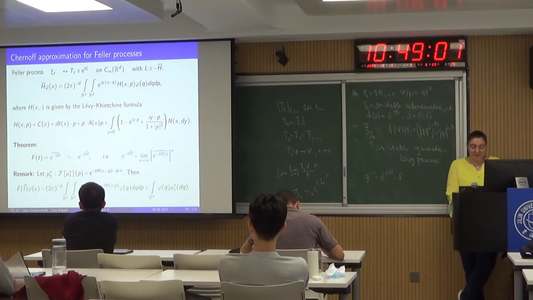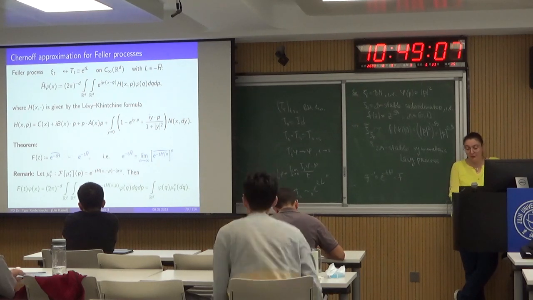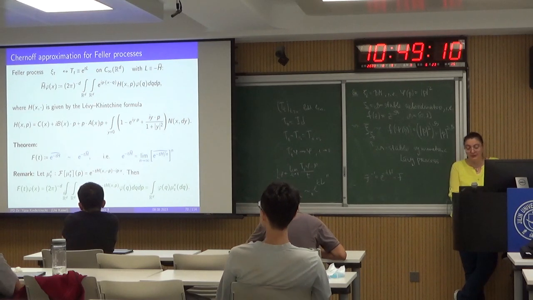So I write down f. By definition, it's a pseudo-differential operator with this symbol. So this is the explicit formula for the operator f of t, as a pseudo-differential operator with this symbol.